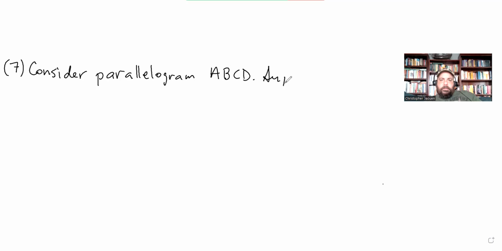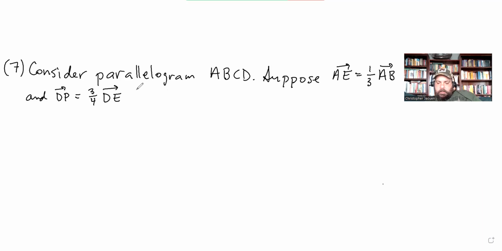Suppose that AE is equal to 1/3 AB, and DP is equal to 3/4 DE. Show that P lies on the diagonal AC.